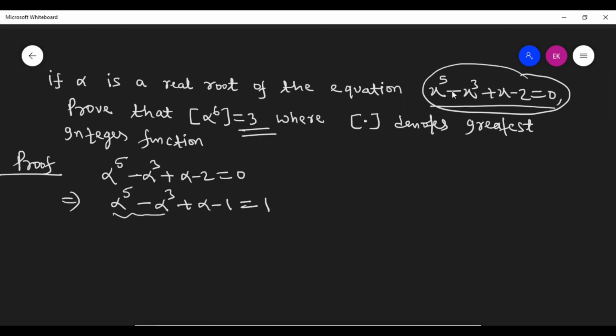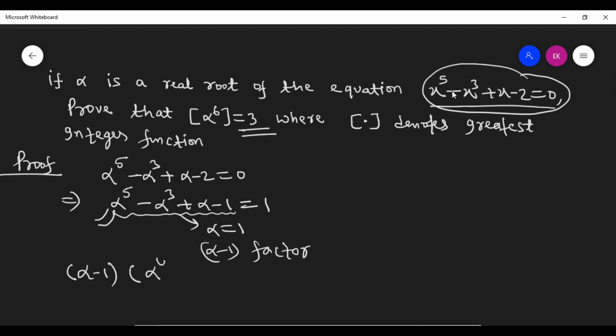Now you can observe alpha equals 1 satisfies this polynomial, so we can say that alpha minus 1 is a factor of alpha to the power 5 minus alpha cube plus alpha minus 1. So I can write the LHS as alpha minus 1 into alpha to the power 4 plus alpha cube plus 1, and it is equal to 1.